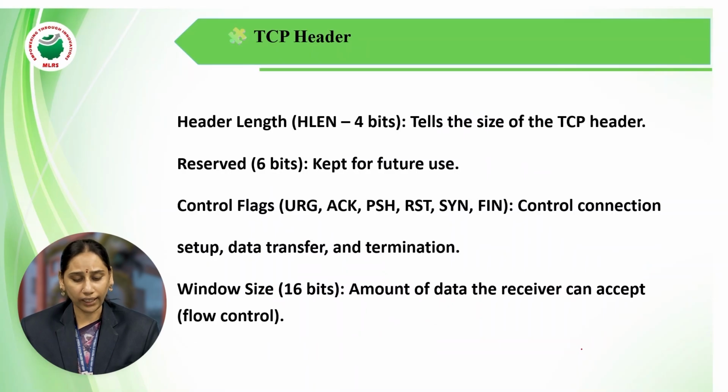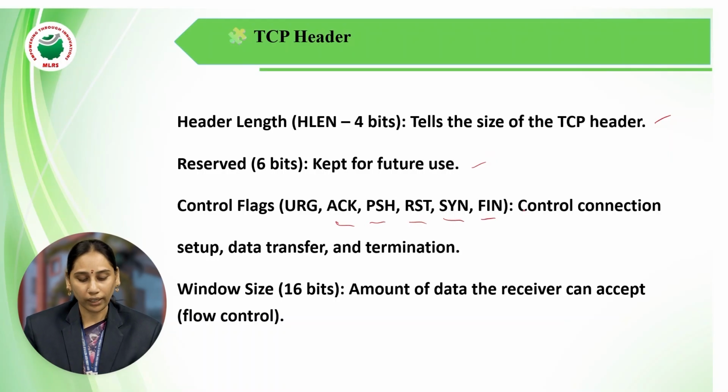TCP header. Header length is 4 bits, tells the size of the TCP header. Reserved occupies 6 bits, kept for future use. Control flags are URG, acknowledgement, PSH, RST, synchronization, FIN, which control connection setup, data transfer and termination.